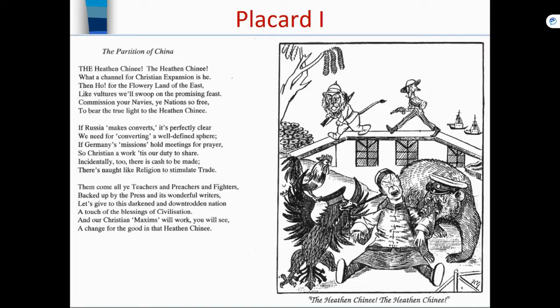Incidentally, too, there is cash to be made. There's not like religion to stimulate trade. Then come all ye teachers and preachers and fighters, backed up by the press and its wonderful writers. Let's give to this darkened and downtrodden nation a touch of the blessings of civilization. And our Christian maxims will work, you will see, a change for the good in that heathen Chinese. British cartoon showing the Chinese being savaged by European powers, and the poem, The Partition of China, 1897.